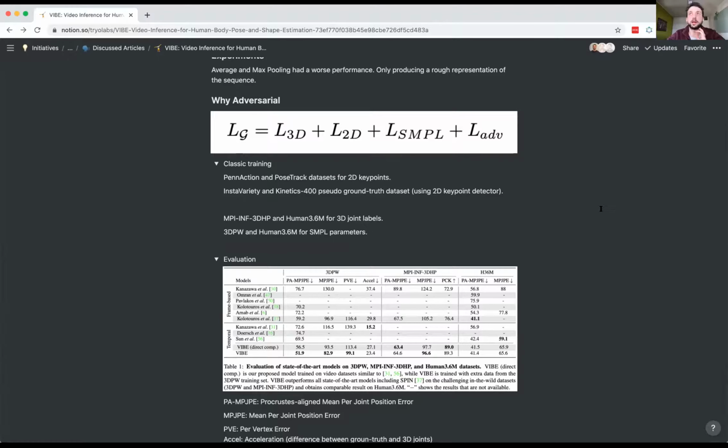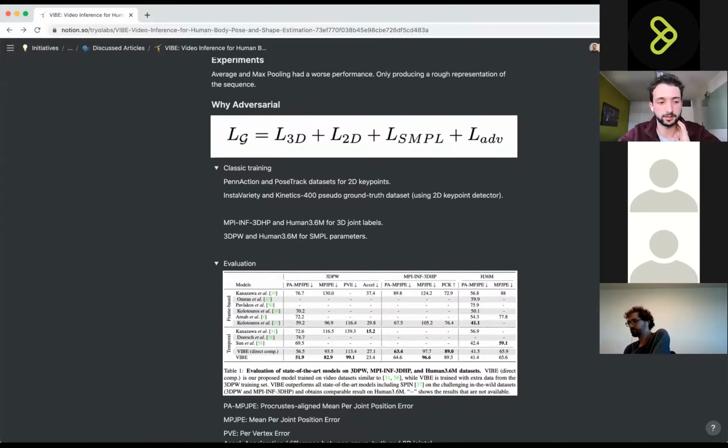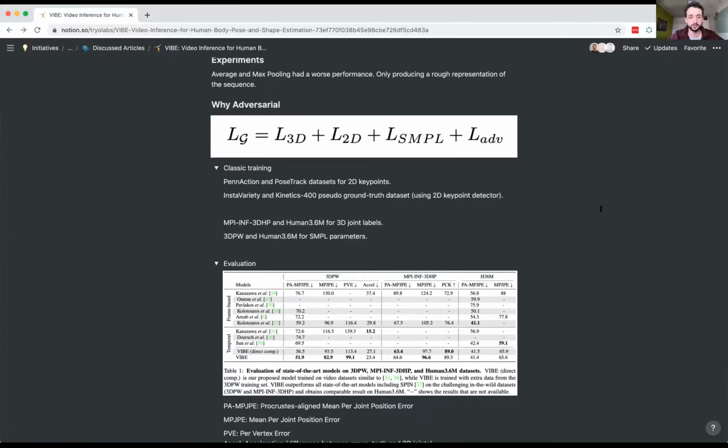No, for example, the AMASS dataset has these SMPL parameters, and you can think that if you have a 3D dataset that has values for every vertex on every frame for one person, that would actually be a bigger dataset.